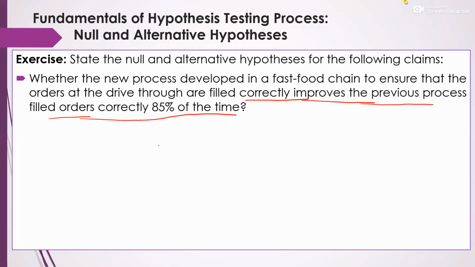They want to check whether the filling process improved compared to the previous one, whether the order filling process improved or not. So now it's related to the proportion. This statement is related to proportion. If we take 100 orders, whether 85% of orders should be correctly filled or not.